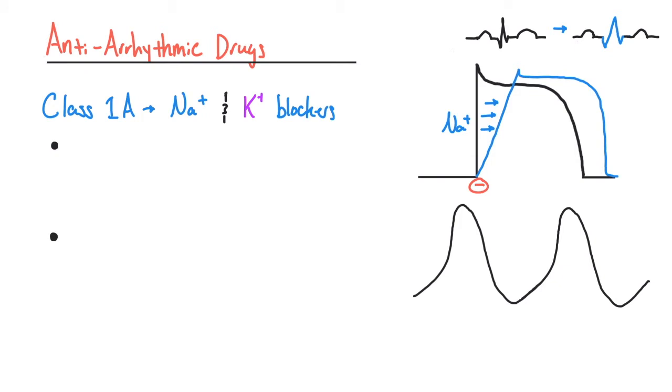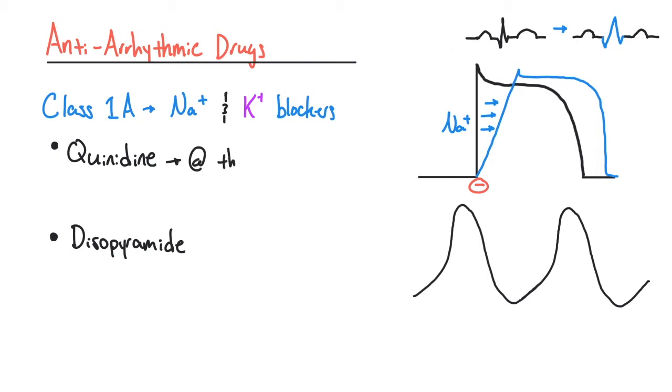Two other drugs that are even less commonly used in this class 1A of antiarrhythmic drugs are quinidine and disopyramide. Quinidine is pretty similar to procainamide, but the important thing to note is that while it is similar, it is also more toxic, even at therapeutic concentrations.